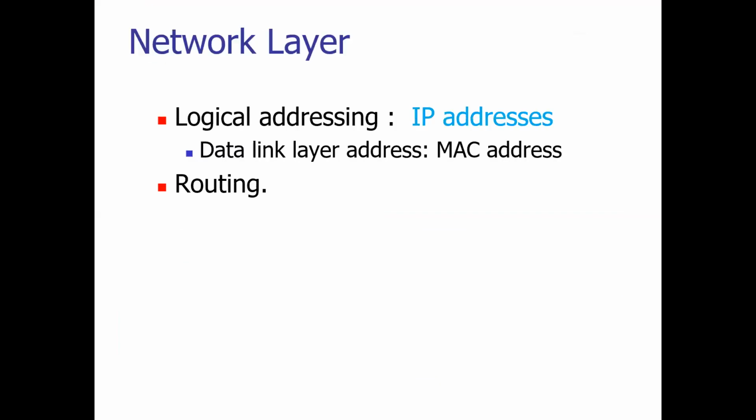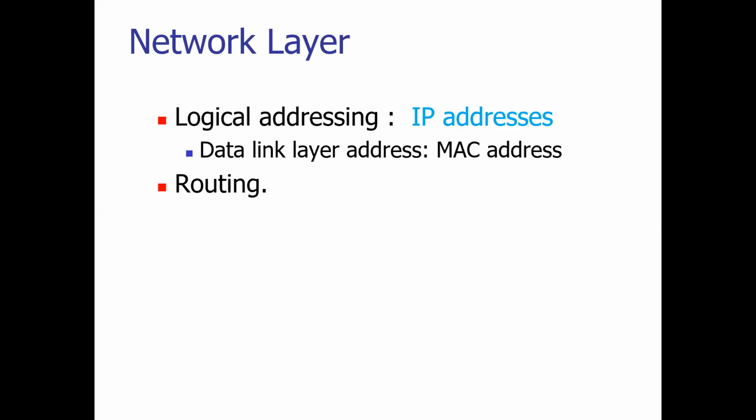Network layer responsibility, mainly two things. One is logical addressing, because for a particular machine you need to provide one particular address. This is not the physical one; this is logical. Logical means it can change. So the address resolution protocol comes into picture.